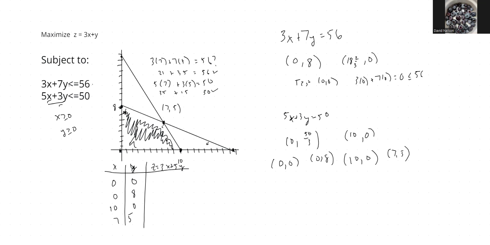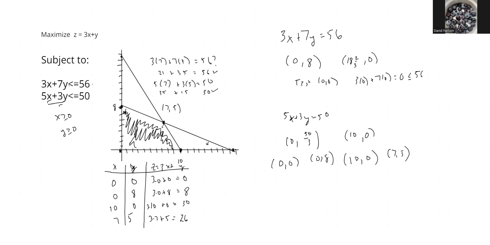Well, 3 times 0 plus 0 is 0. 3 times 0 plus 8 gives us 8. 3 times 10 plus 0 equals 30. 3 times 7 plus 5 is 21 plus 5 is 26.